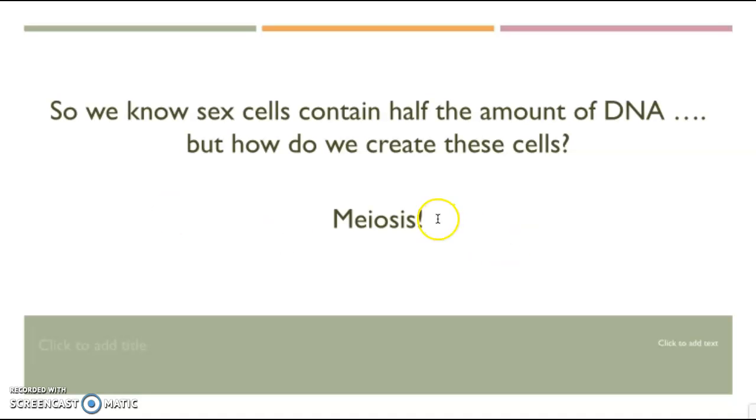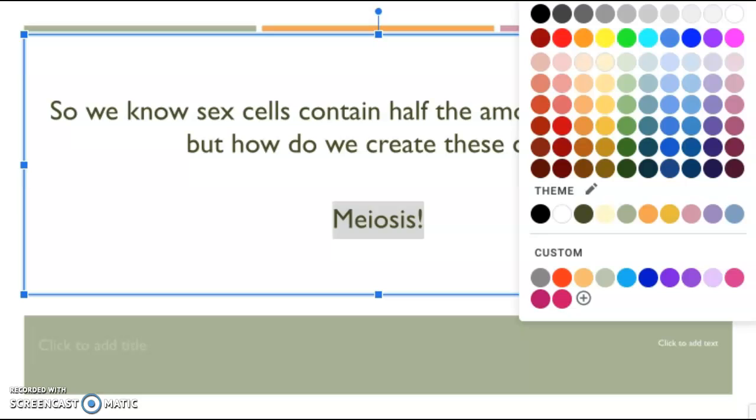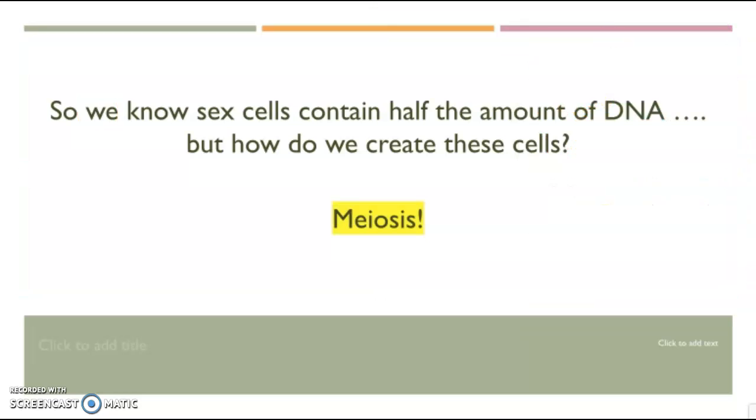Meiosis, this beautiful word here. We are now going to move into sexual reproduction, but we are specifically going to learn about the process of meiosis and how these sex cells are created and how you get variation in your siblings, even though you are carrying half the DNA from your mum and half the DNA from your dad.